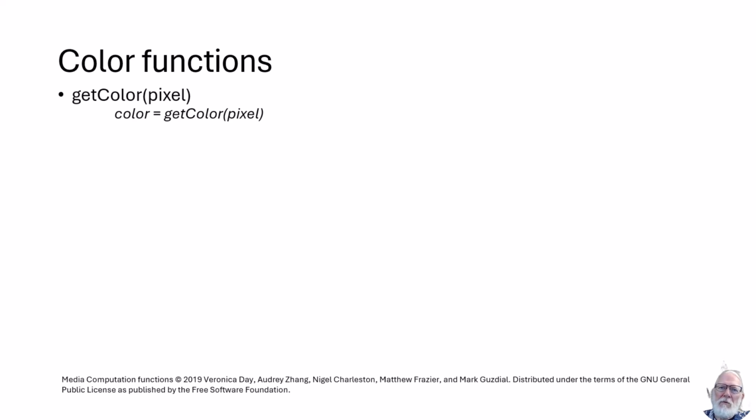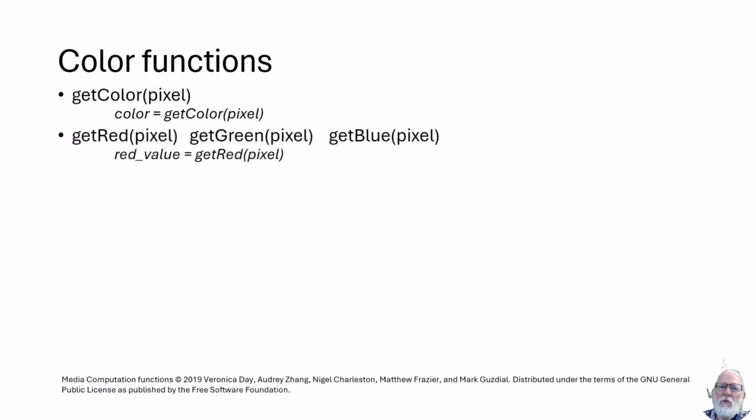An example of that in code might be that we would say color = getColor(pixel). Again, pixel is representing a variable that contains a pixel, and then color, the variable on the left-hand side of this equal sign, would receive that value as a red, green, blue value, but it would be stored as a combination of a color.